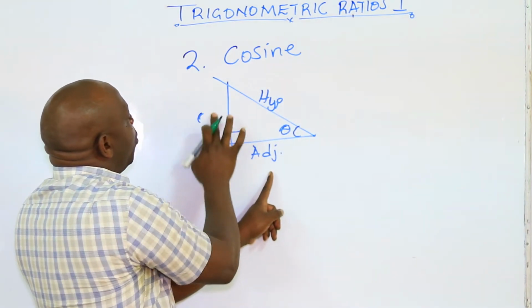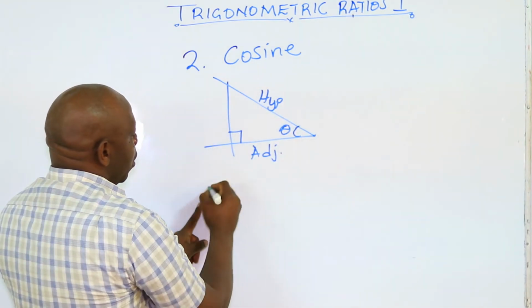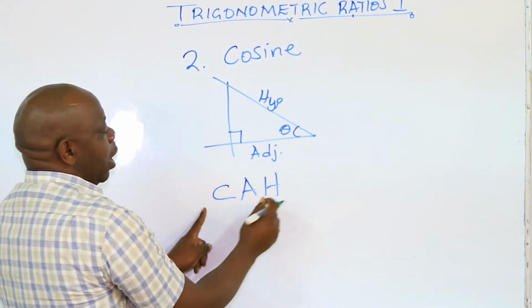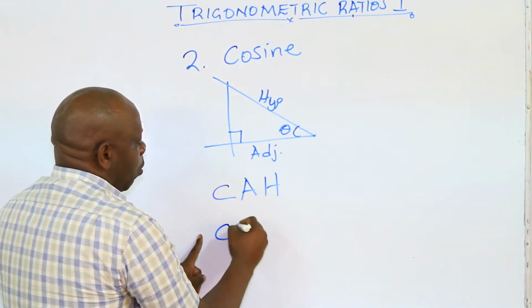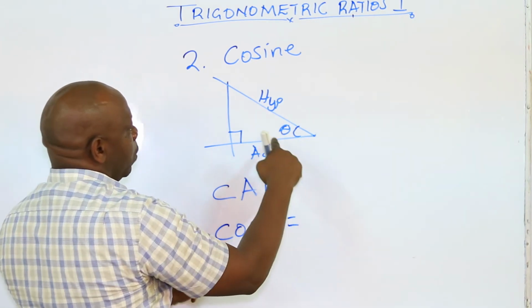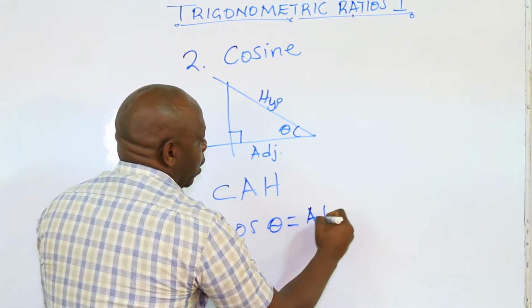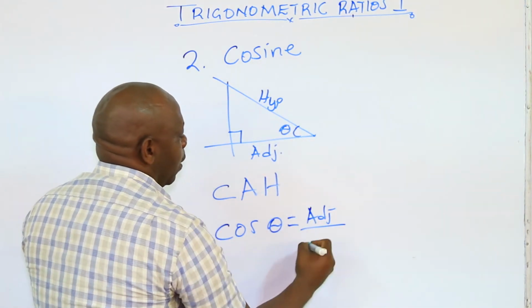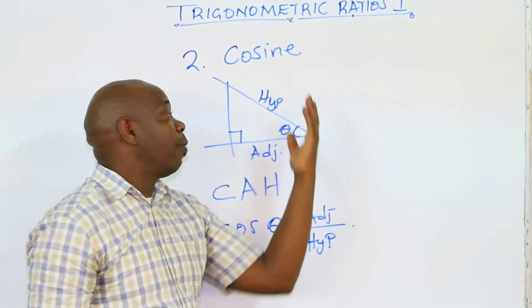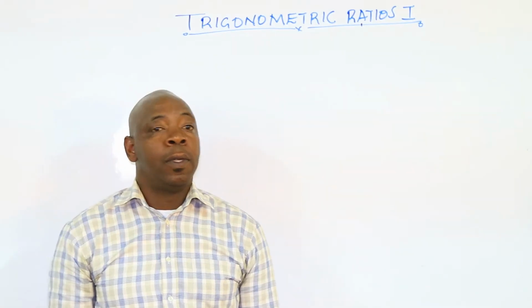So we say cosine CAH, C-A-H, meaning the cos of angle theta here equals the adjacent side over the hypotenuse. That relationship is referred to as the cosine.